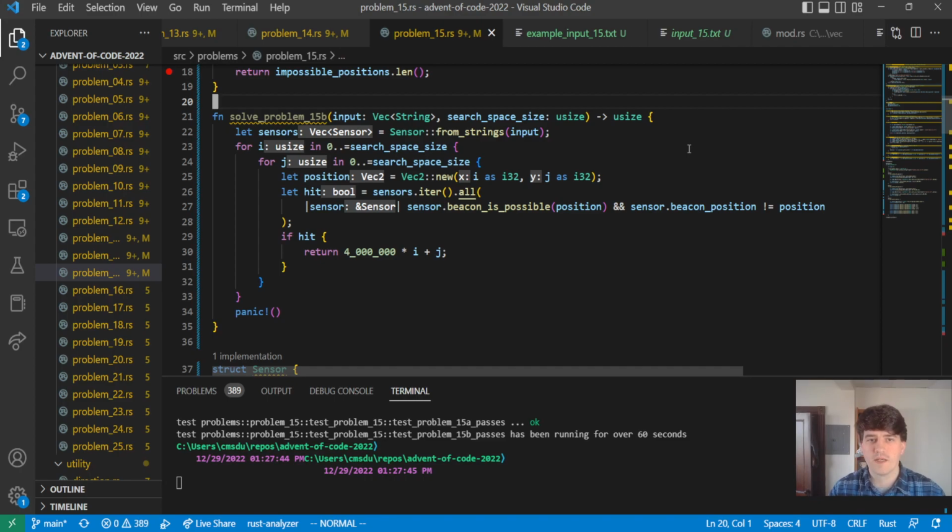So rather than looping through absolutely everything, we will instead get our sensors.